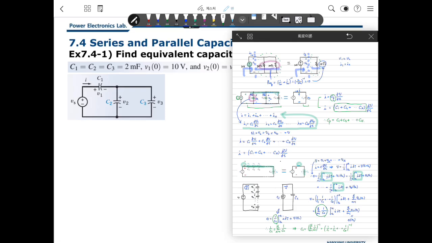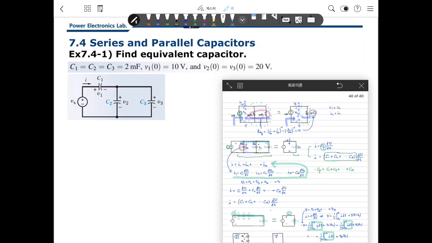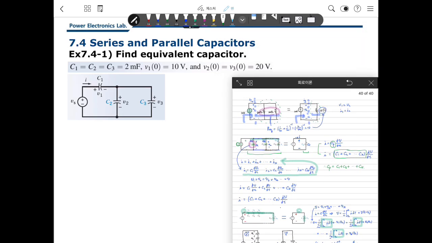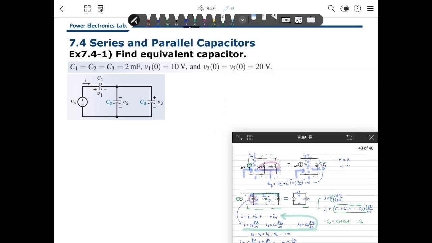So this is an example. For this problem, find the equivalent capacitor. It's a very simple problem that we will try to solve here.